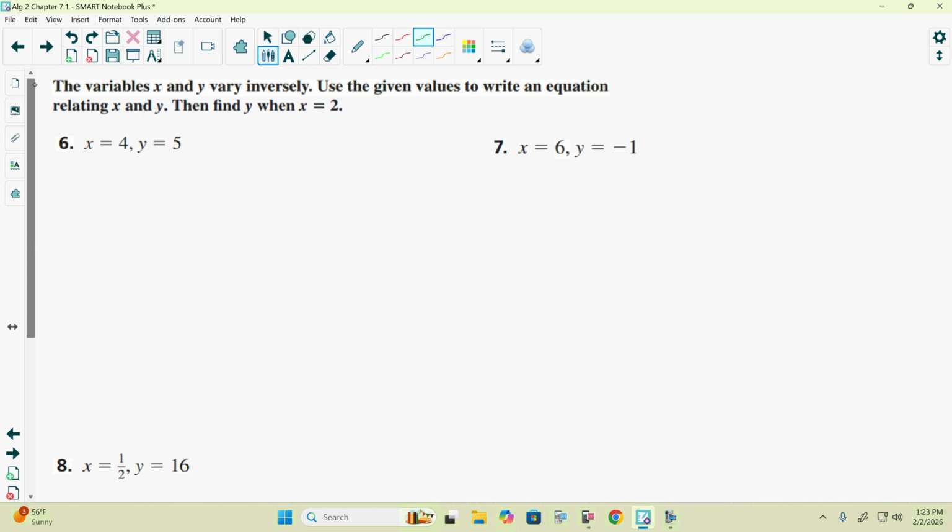We'll look at one more. 6, 7, or 8. Which one do we want to look at? 8.